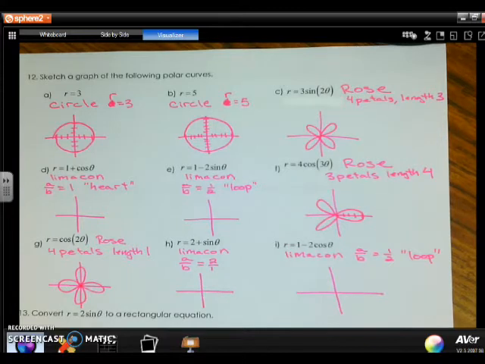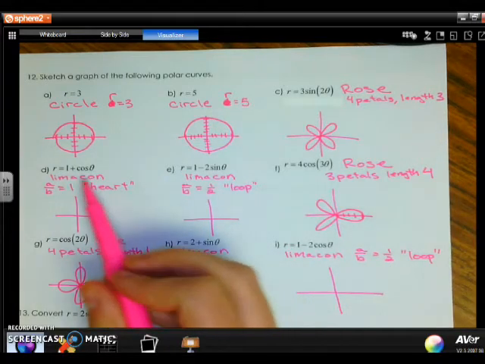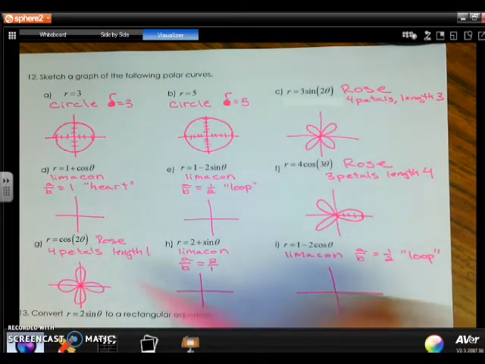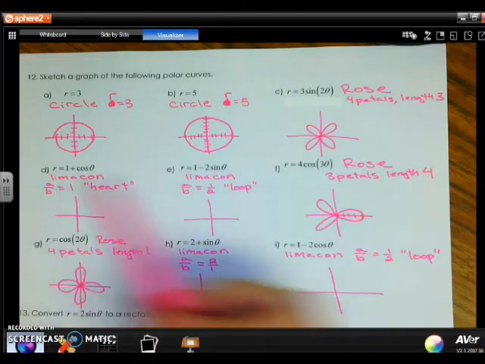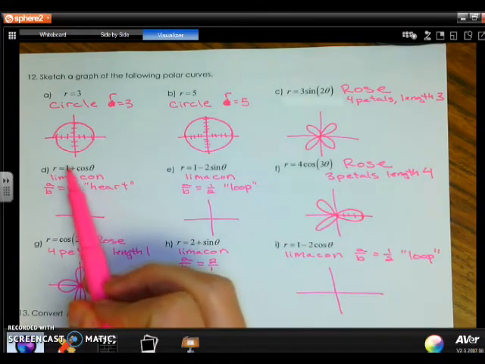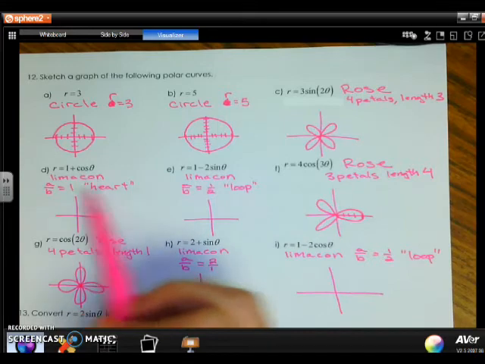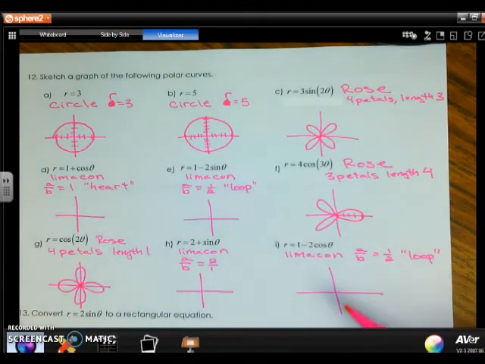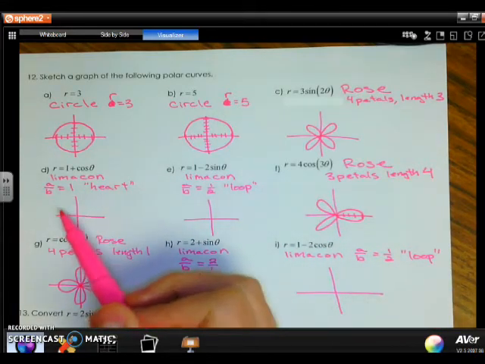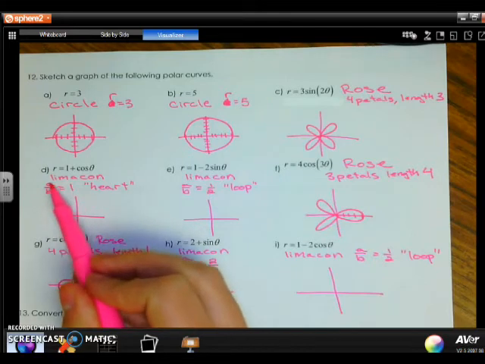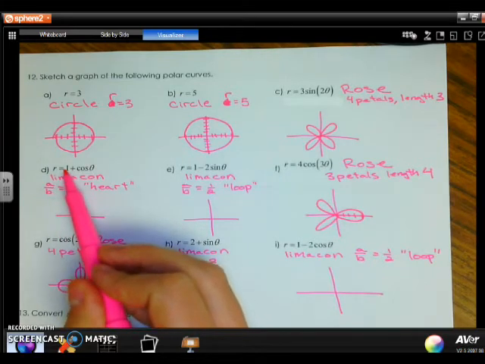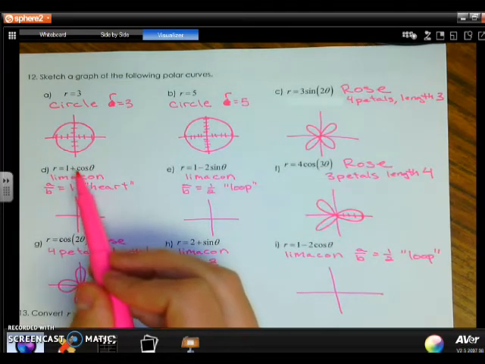Okay, all right, then you have the limaçons, and within those there's a couple different genres. Once you get that number plus or minus a trig function, you're going to have this category. Now, what you really want to do is compare the ratio of a to b. So it's this number divided by the coefficient of the trig function.